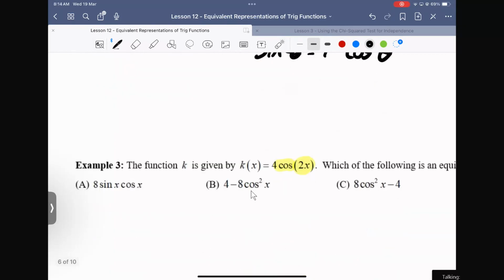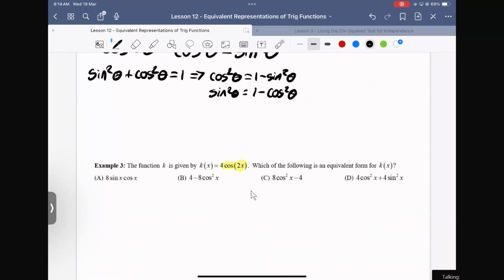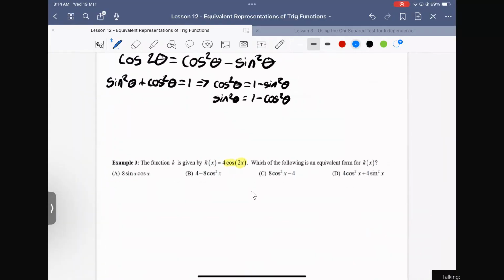So on this question, we have 4 times the cosine of 2x. So that's going to be 4 times cos squared theta minus sine squared theta.